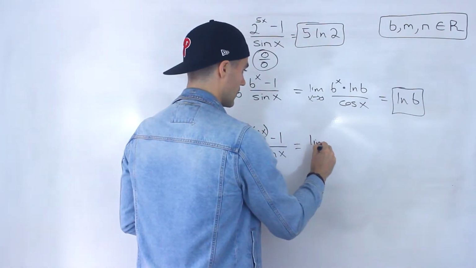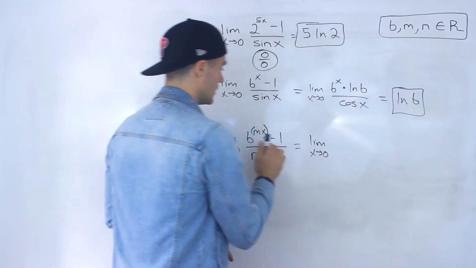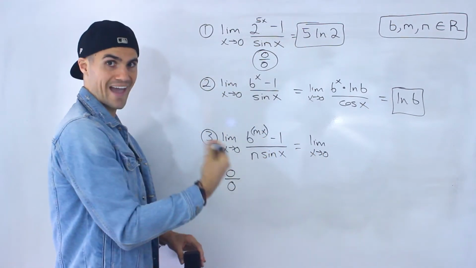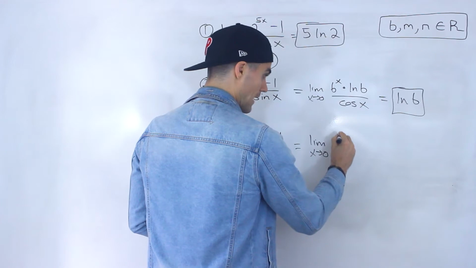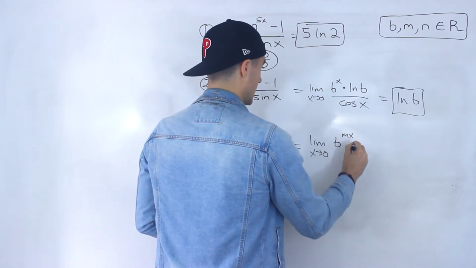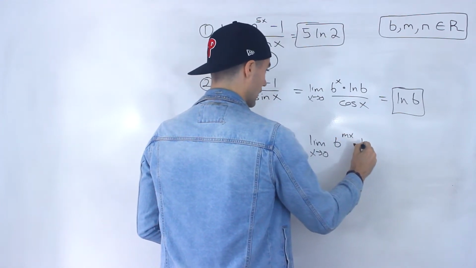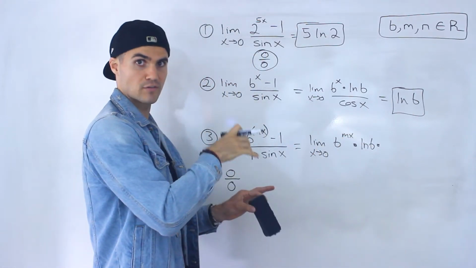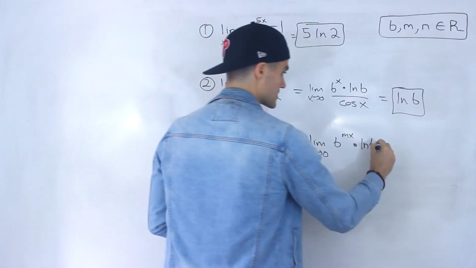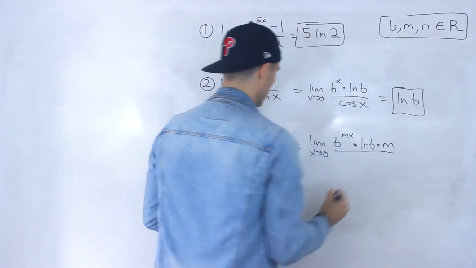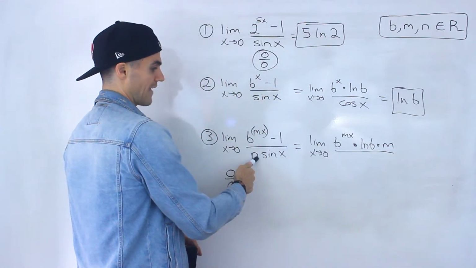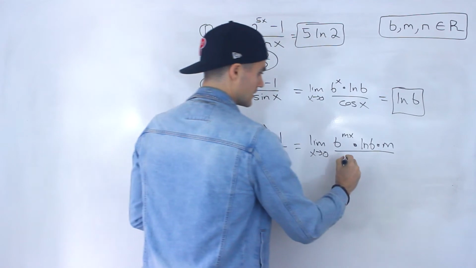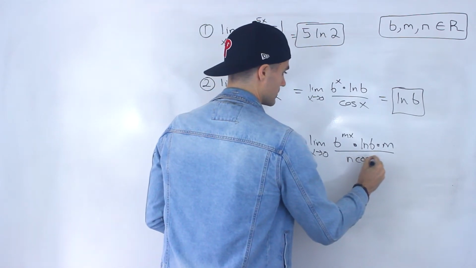So we'll have the limit as x approaches 0. The derivative of b to the power of mx is going to be b to the power of mx times ln of b times the derivative of mx. The derivative of a constant times x is just that constant m. All over the derivative of n sine x, which is going to be n cos x.